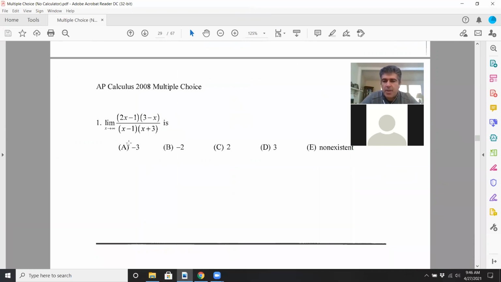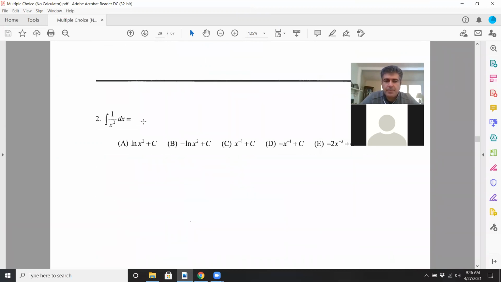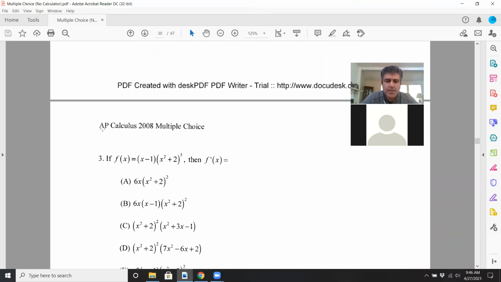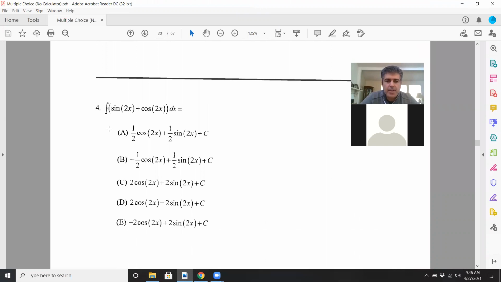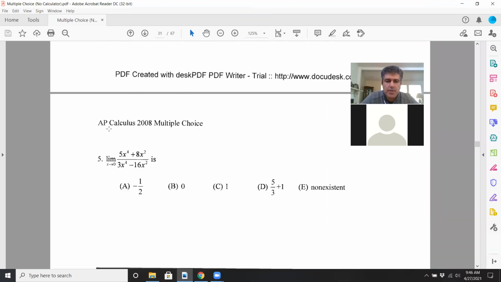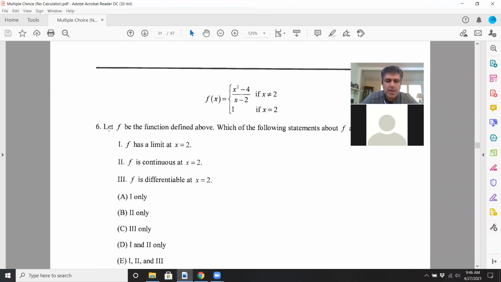Yeah, so that's a limit problem. That's not that hard. Integrals. We have derivative. That's pretty straightforward. No limit problem there.